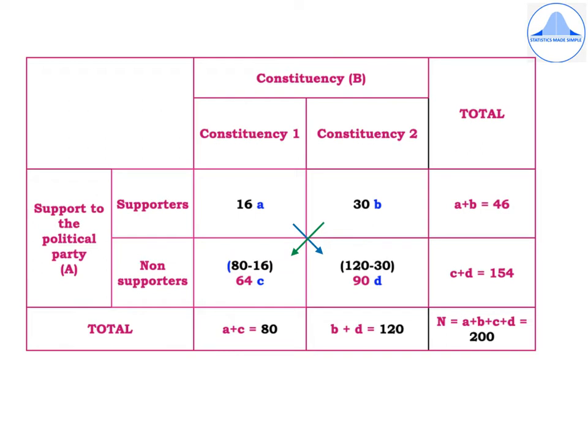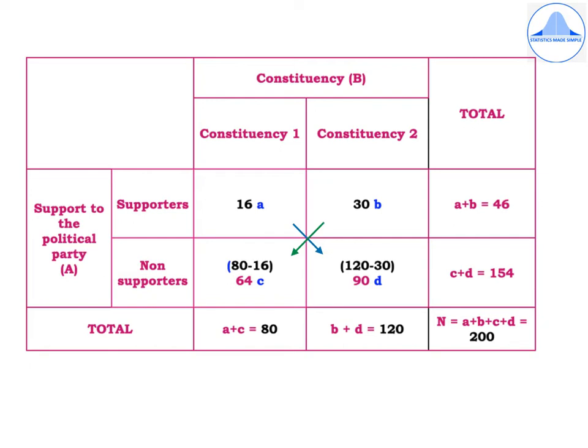So under supporters and constituency 2, write the value 30, which corresponds to the cell frequency B. Now when we add 16 and 30, we get A plus B equal to 46.